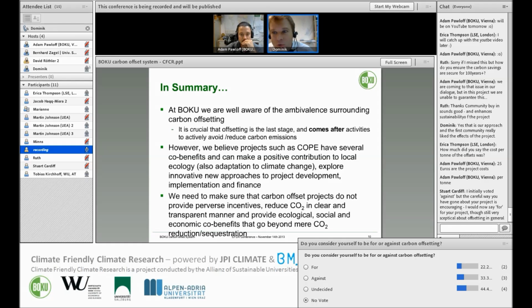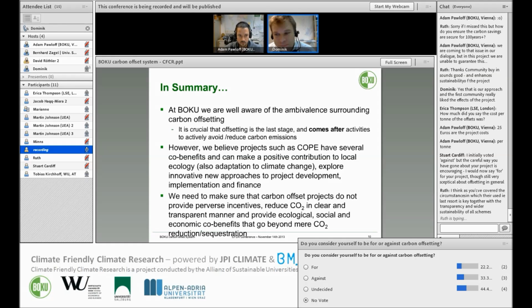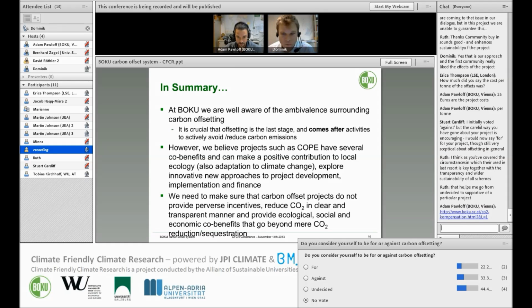We also have it on our website in case you're interested in how we did the carbon calculations of the area, the growth rates of trees we assumed, how the participatory process is working, and how we implement the monitoring. So please feel free to go on the website. I will later type it in the chat, and also of course ask us if there are more questions from your side.